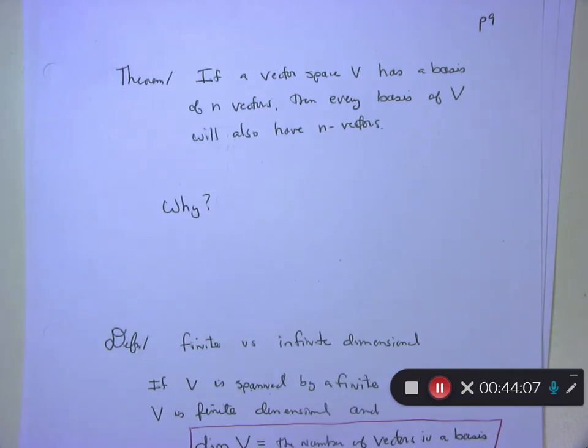You can have more than one basis. Why? Any other kind of basis will also have to have n vectors. You can't have more than n vectors, and you can't have fewer than n vectors. Why?